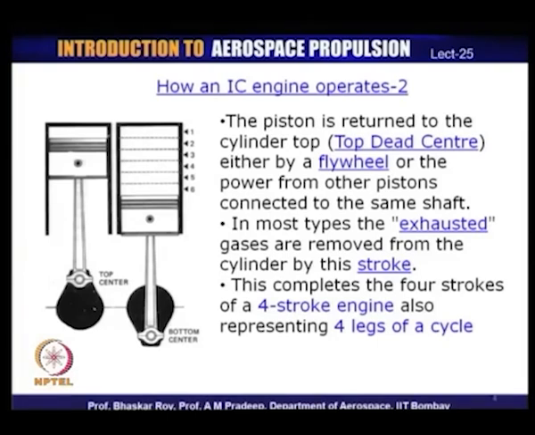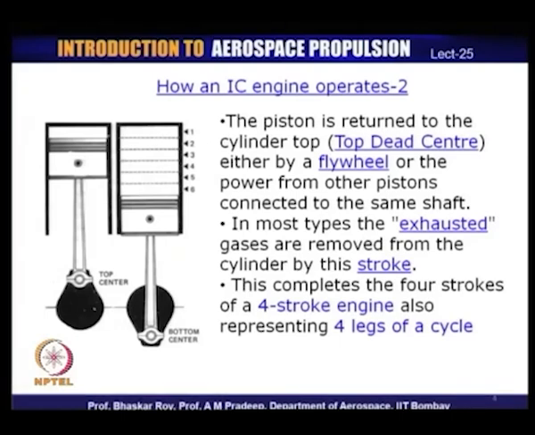Now, once the rotary motion is initiated, that motion is sustained by itself for another 3 strokes. So, the other 3 strokes are created by the continuous motion of these, which we may now call the flywheel for the time being. And as the flywheel moves, the other 3 strokes are sustained till the next power stroke comes.